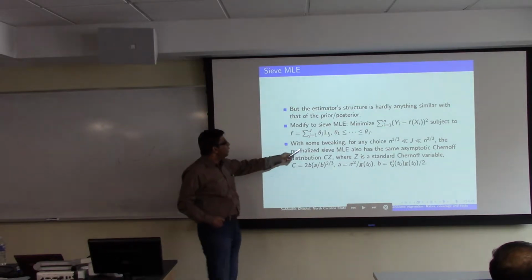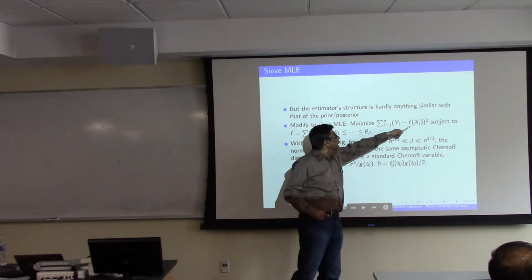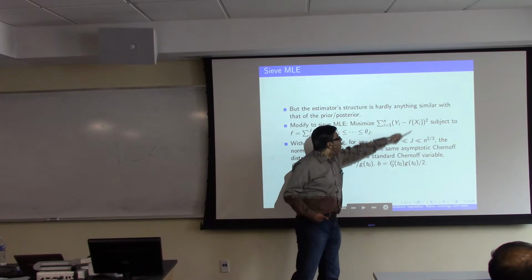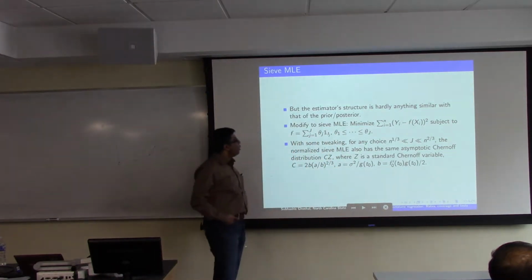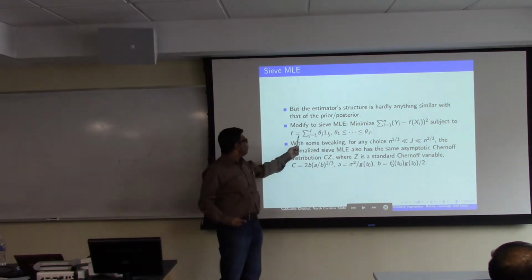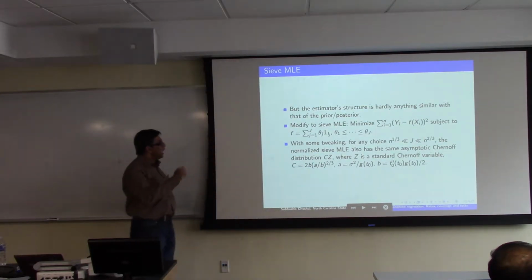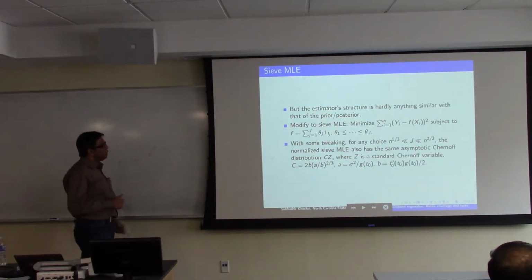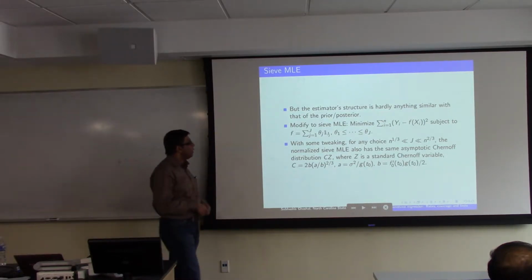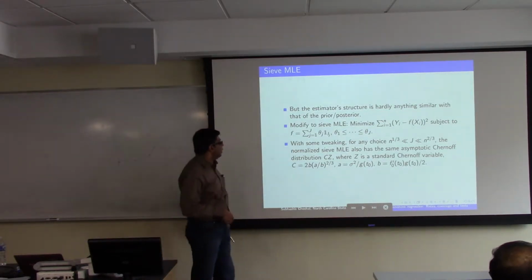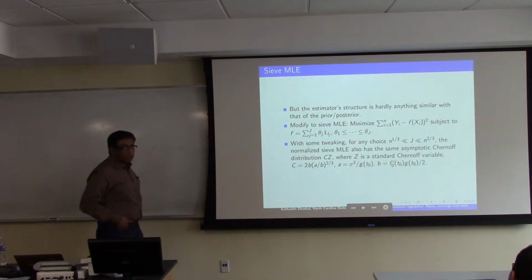The sieve maximum likelihood estimator is very much like the maximum likelihood estimator. You minimize the sum of squares, but now not over all F, but over F of this form, where J controls the size of the sieve. J goes to infinity as n tends to infinity in an appropriate way. So that's the sieve MLE.